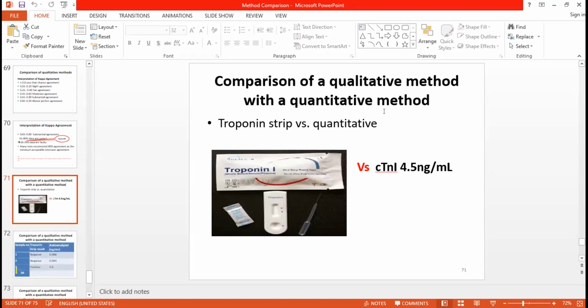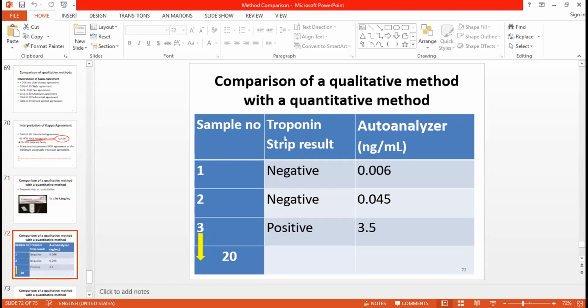Right, with that, I come to comparison of a qualitative method with a quantitative method. For example, you have the strip giving values as negative or positive, and you have the auto analyzer giving an exact value.